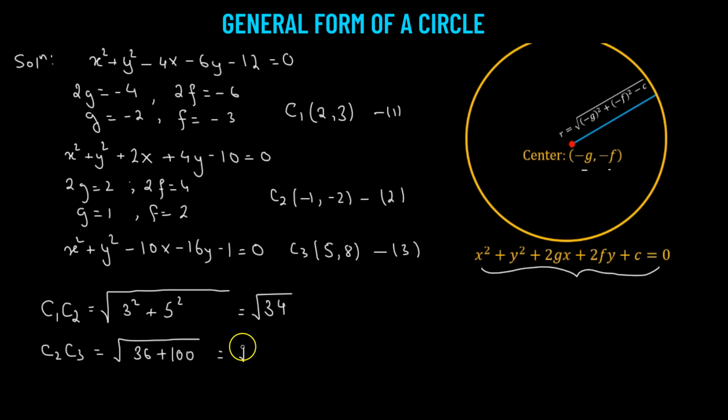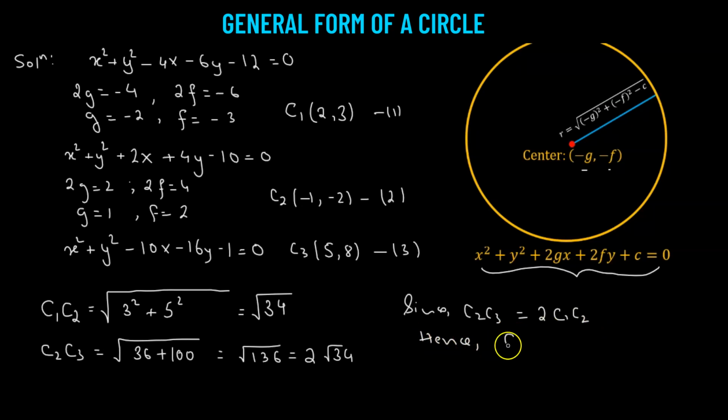So we're going to get square root of 136. So this becomes equal to 2 times square root of 34. Fine. Now since C2C3 is exactly equal to 2 times the distance between C1 and C2, hence we can say that C1, C2, C3, the centers of the three circles, are collinear.